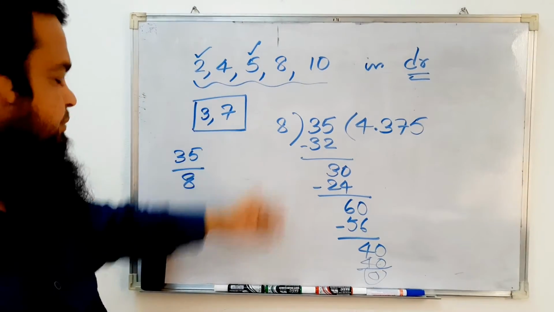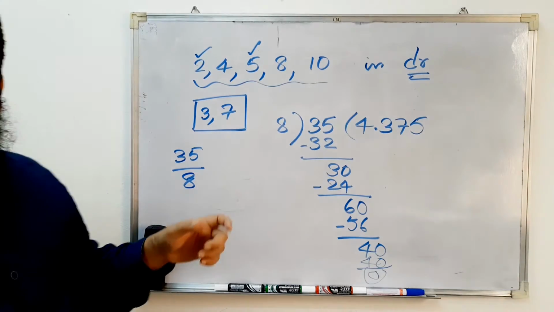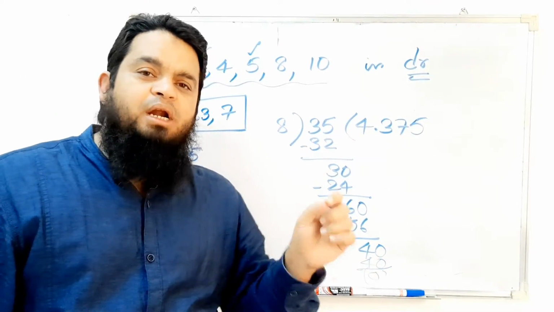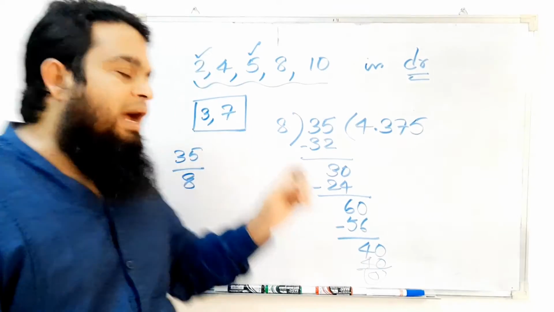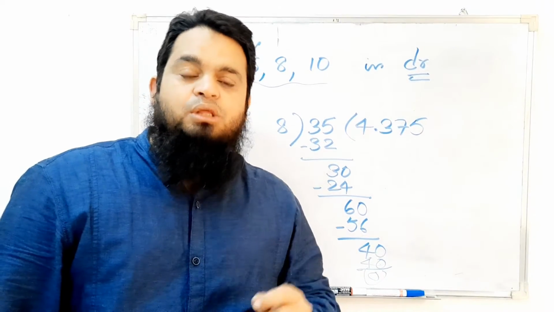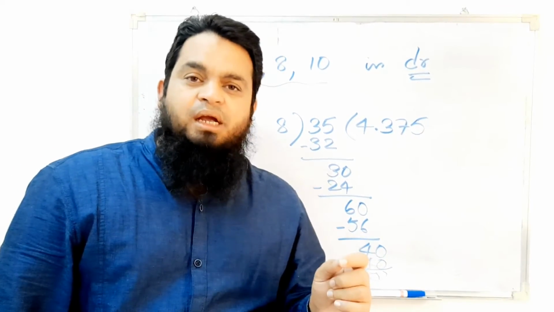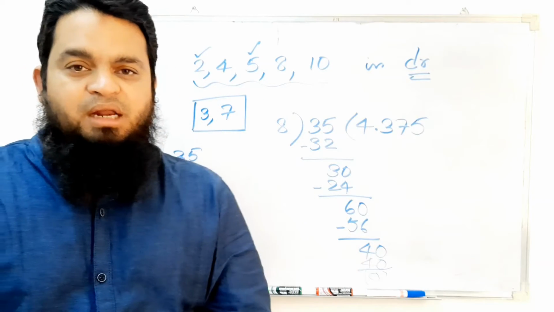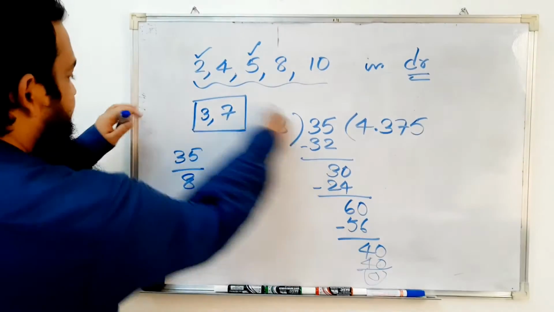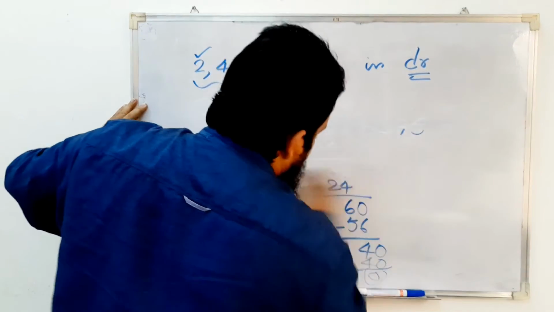So the main concept is: if you change the denominator into prime factors and you have only 2 and 5 as the prime factors, then the decimal will be terminating, otherwise it will be non-terminating. Fine, I hope you understood, and let us go to the problems.